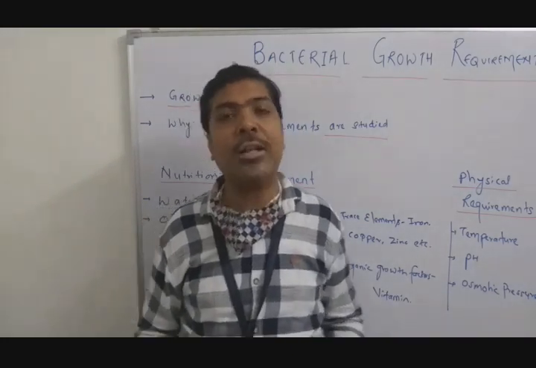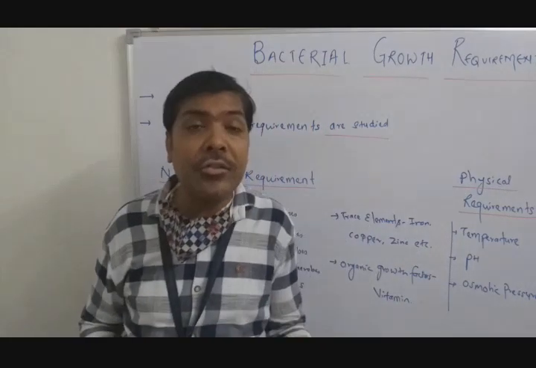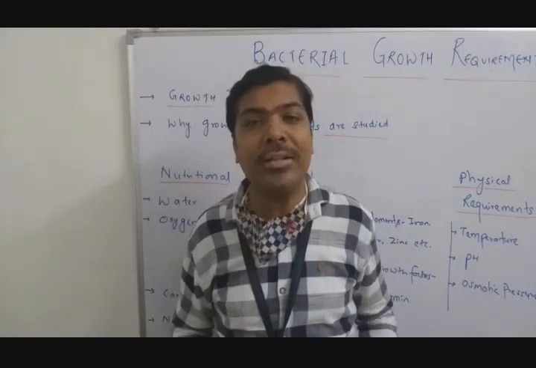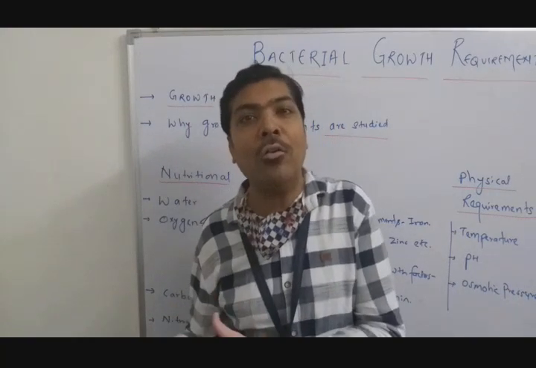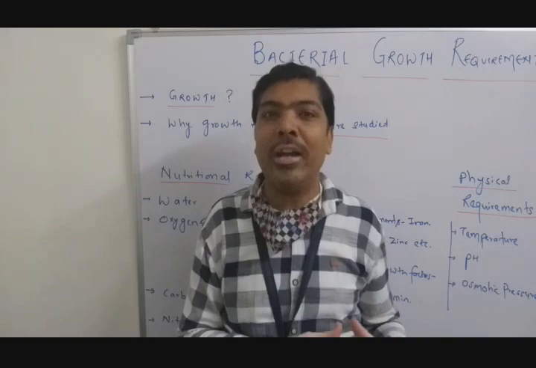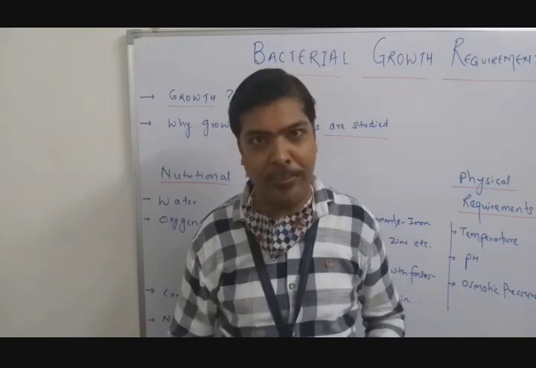So if we initially have a very small number of bacteria, then we need to study the different growth requirements that favor the growth of the bacteria, so that we can have the amount required for performing various microbiological experiments in the laboratory.